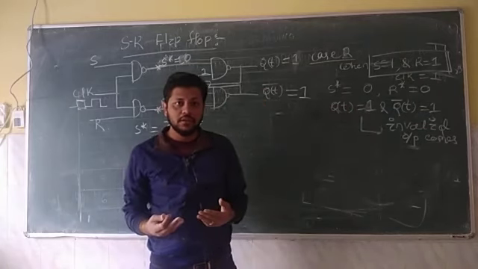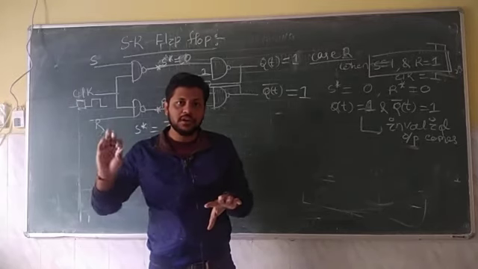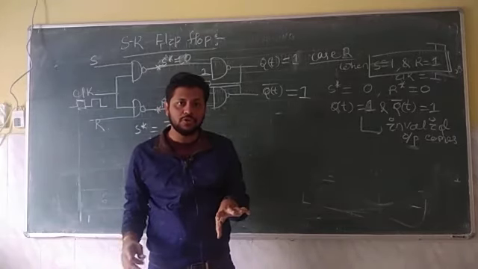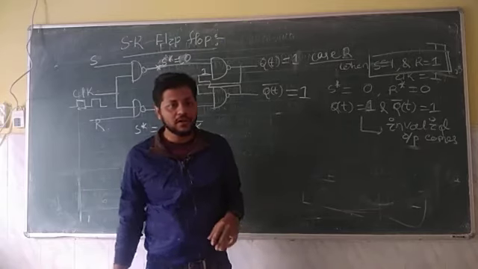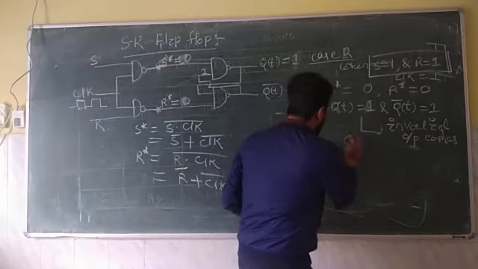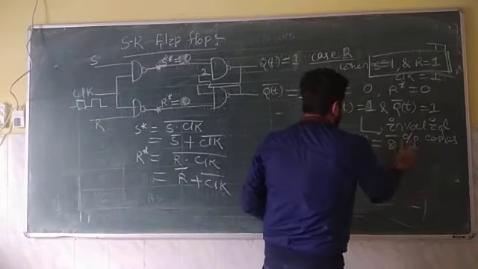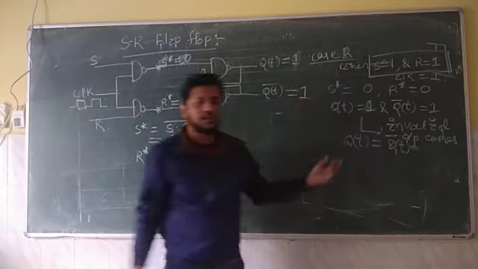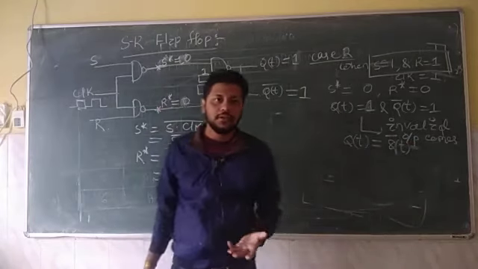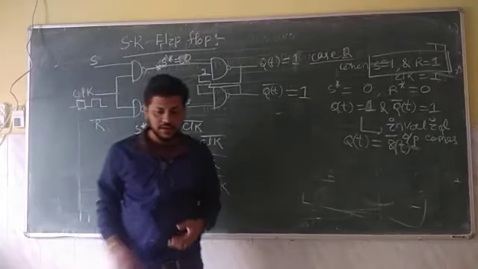But Qt and Q bar t are complements of each other. That means if Qt is 1, Q bar t must be equal to 0, or if Qt is equal to 0, Q bar t must be equal to 1. But this is not satisfied. Here Qt is equal to Q bar t. Hence, this is an invalid case.